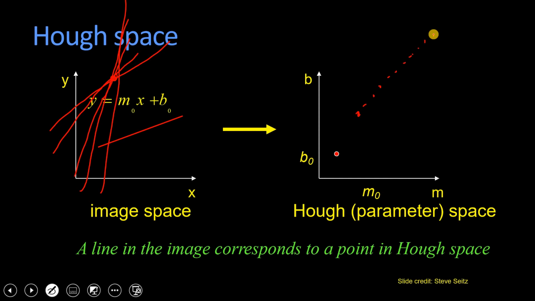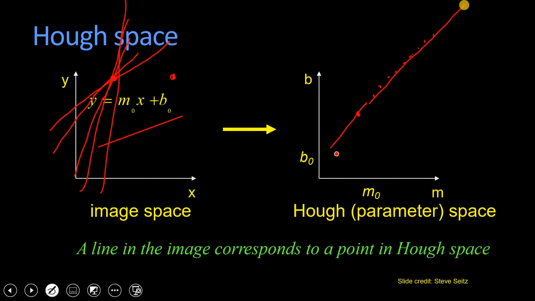So what's the take home point? What's the important point? If you have a point in the image space, because infinite number of lines can pass through this dot, this point, that point in the image space can be represented by a line in the parameter space.